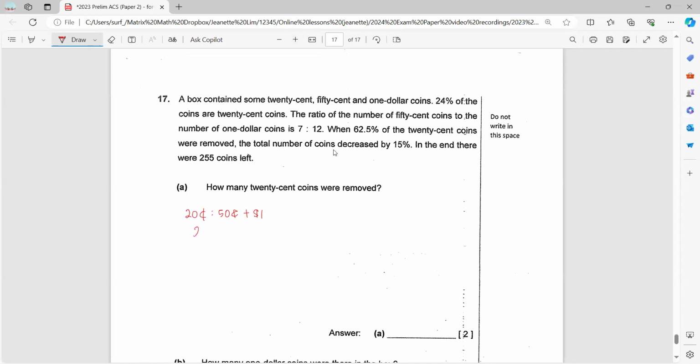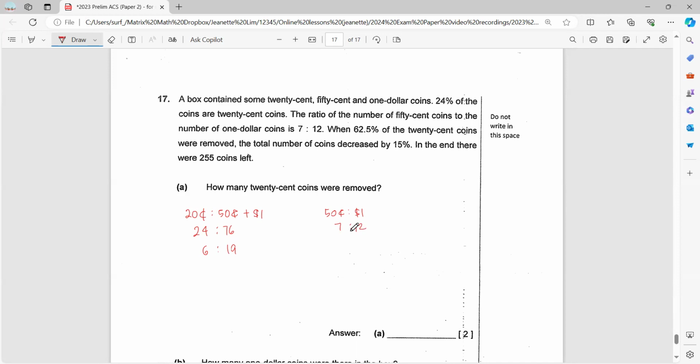Okay, so 24 to 76. Simplify this, 6 to 19. This is the first ratio we have out of the 24%. Next, we also have the ratio of 50-cent coins to $1 coins, which is 7 to 12. Now, for ratio, you need to find a common base.